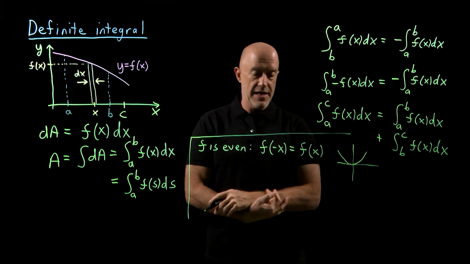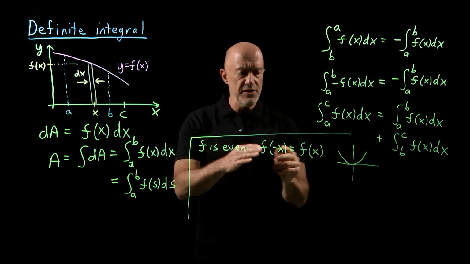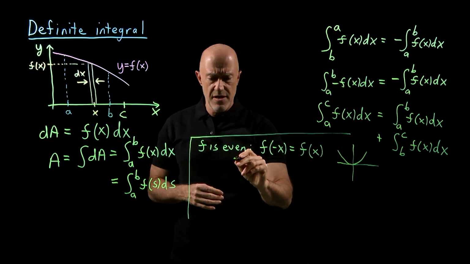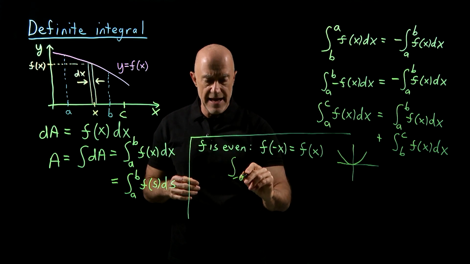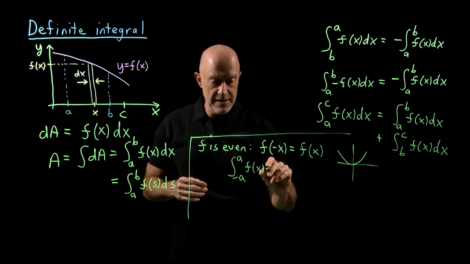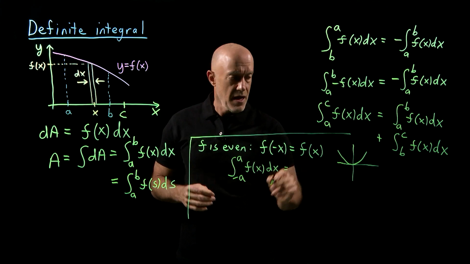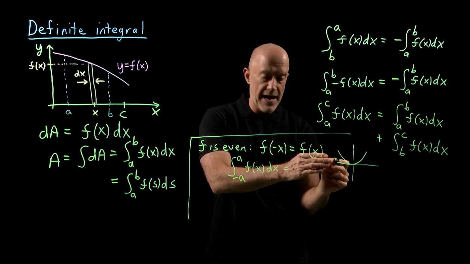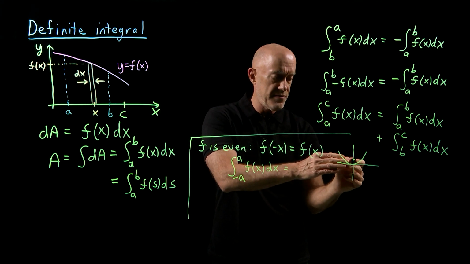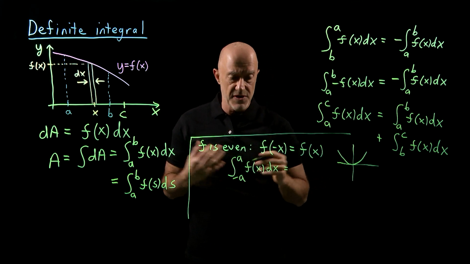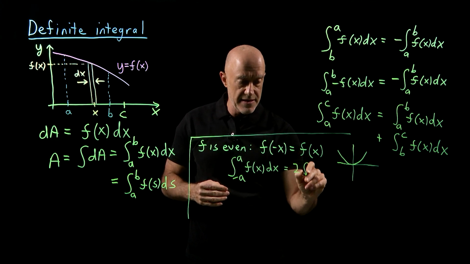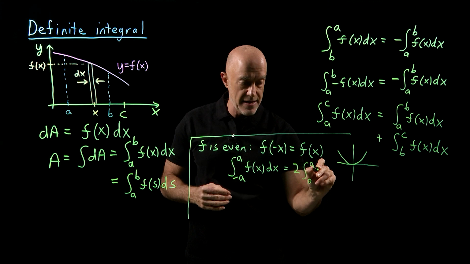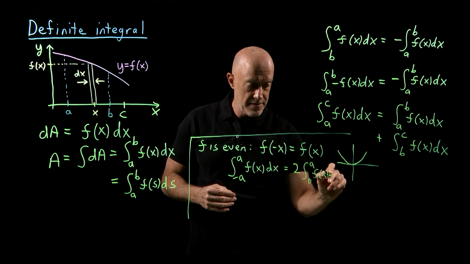So it looks something like this. So if we're integrating an even function over a symmetric interval, from minus a to a of f of x dx, it's the same integral from minus a to 0 as from 0 to a, because the function is even. So this is equal to twice the integral from 0 to a of f of x dx.